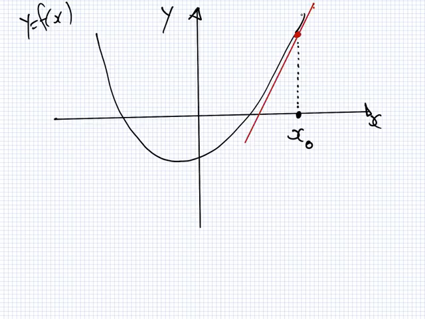It's a tangent, trust me. And then where the tangent crosses the axis, we'll call that x1. Which is closer to the answer? x1. So let's pretend we try x0 and we want to find x1.